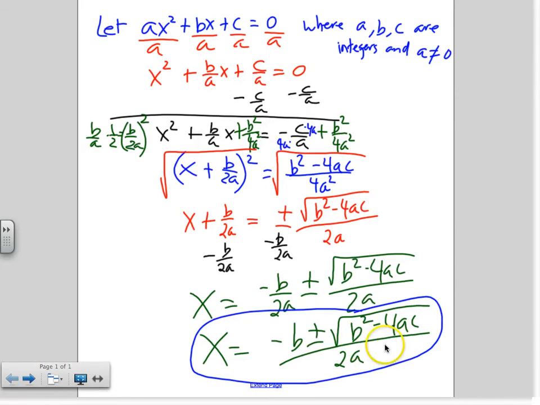But since the quadratic formula is derived from the standard equation, you can use it to solve any equation, even one that is not factorable. All you have to do is make sure everything's in order. You can extract your a's, b's and c's, and you can substitute those values inside the formula and solve for them. And that's it.